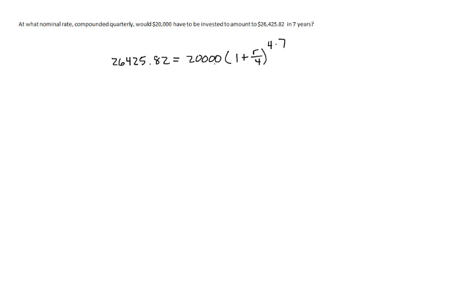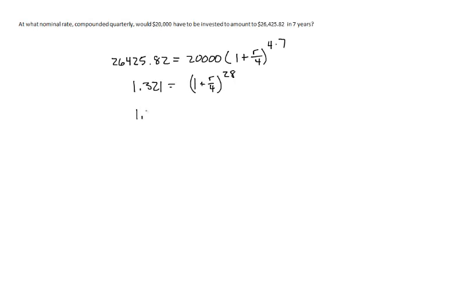So we're going to divide both sides by 20,000, and we get 1.321 is equal to 1 plus R over 4 raised to the 28. And now I'm going to raise both sides to 1 over 28.